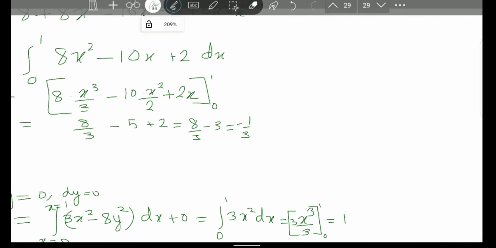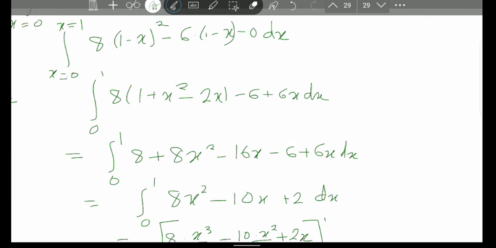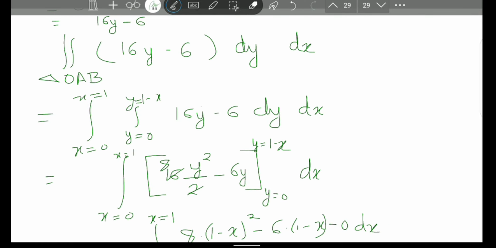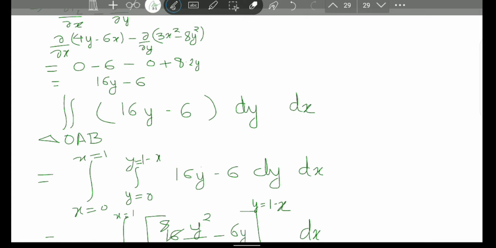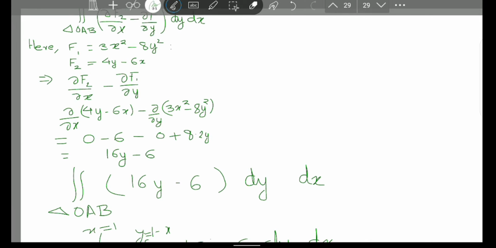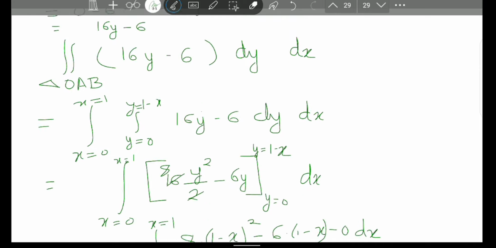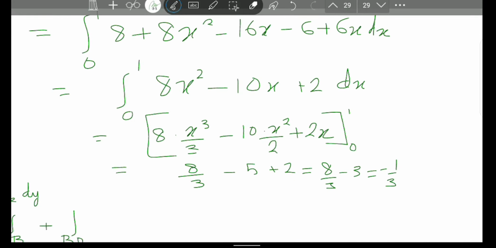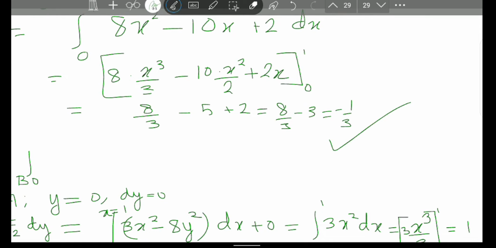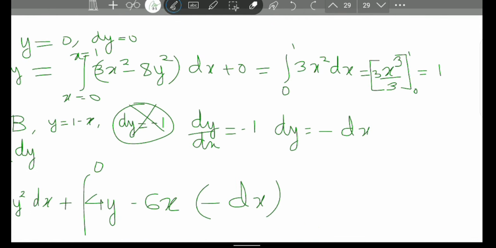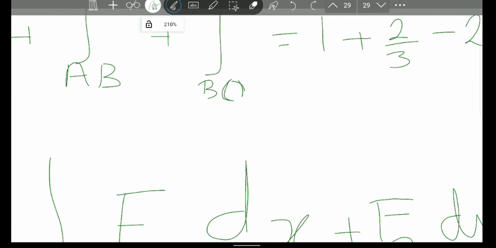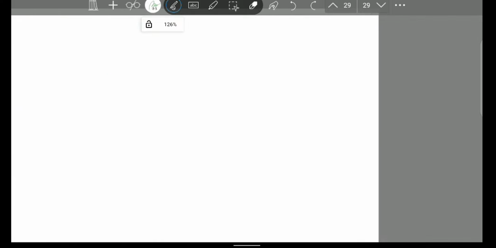Well done, the right hand side was also minus 1 by 3. We did it initially and applied the double integral, and calculated it to be minus 1 by 3. So we get the same number in both cases. The left hand side of Green's theorem equals the right hand side, and we have verified Green's theorem.